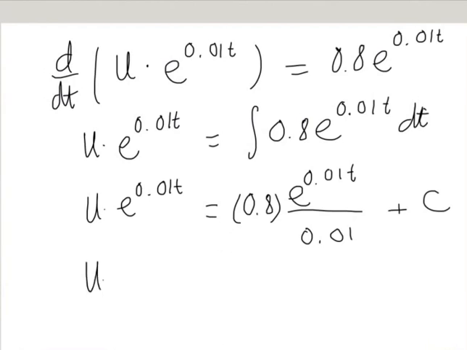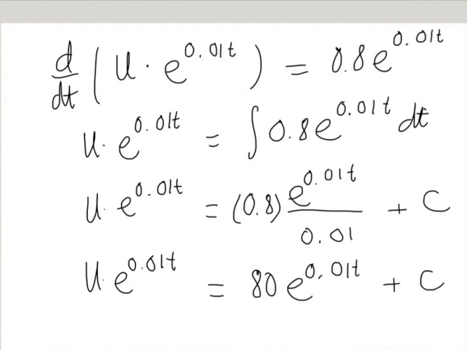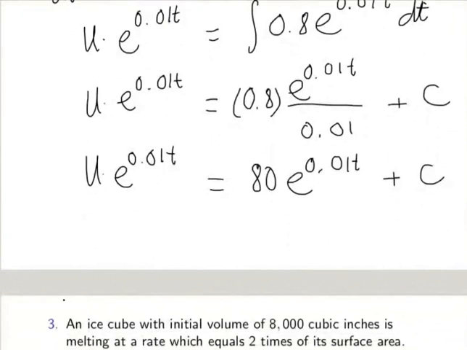So we simplify as u times e to the 0.01 t equal to 0.8 divided by 0.01 will be 80, and e to the 0.01 t, plus c.